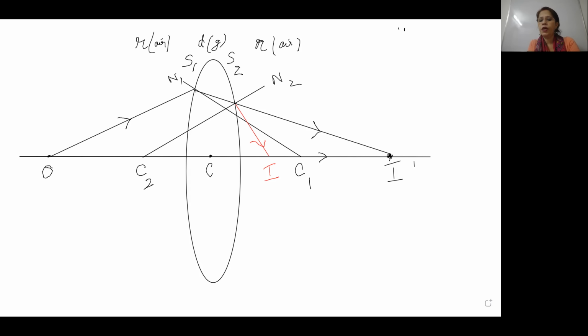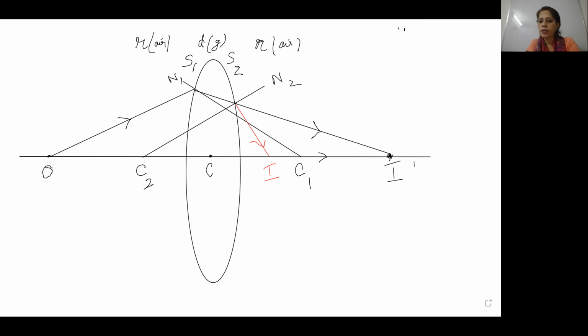Then the second refraction is happening from denser to rarer medium. So it is going, see, second normal is your N2. So it is going away from the normal and the final image is formed at I. So there are two refraction, one at S1, one at S2.